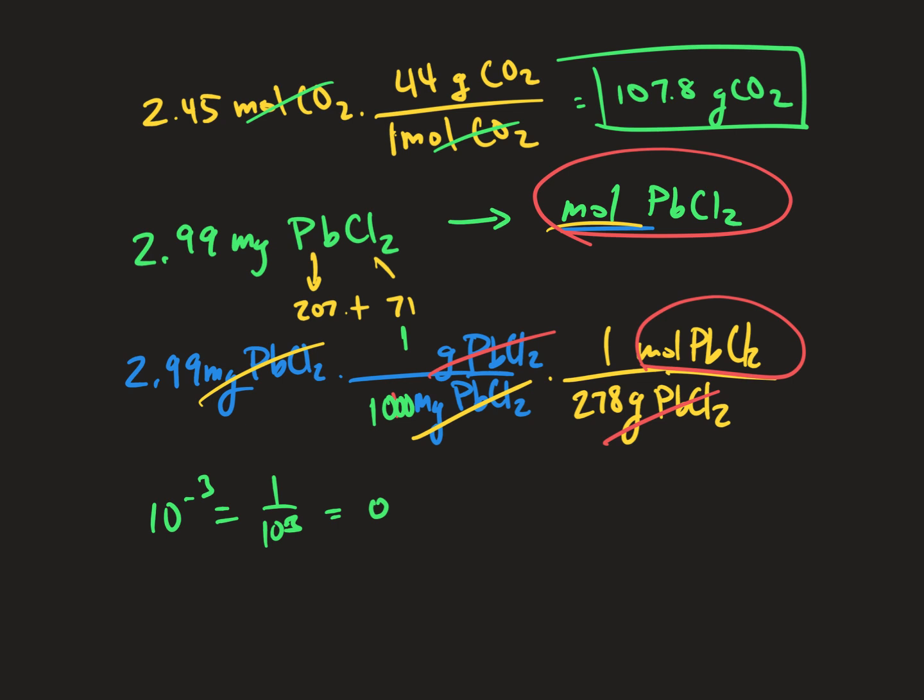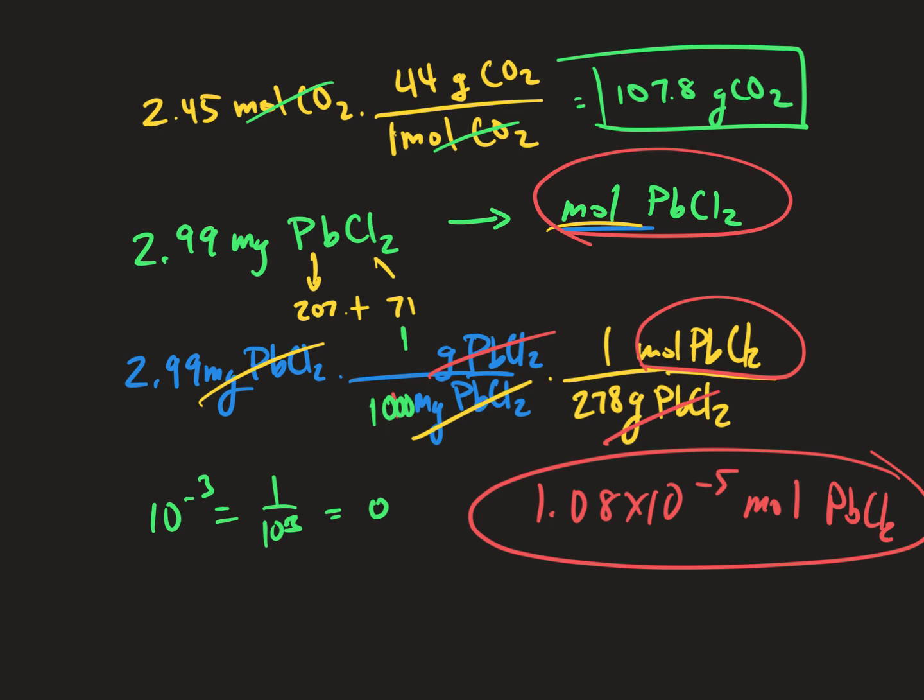And we get 1.08 times 10 to the negative 5 moles of lead 2 chloride. We okay?